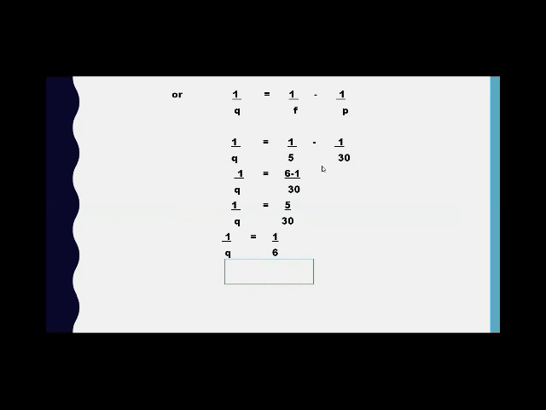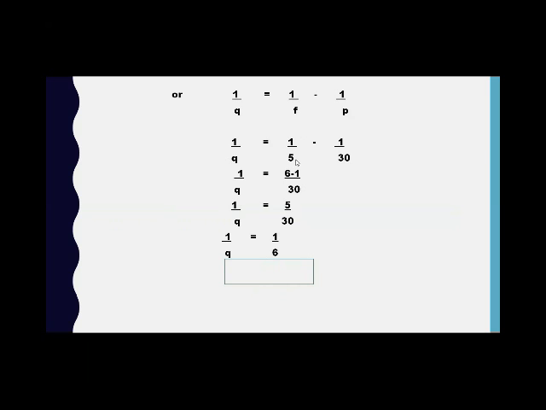To solve the fractions, we just have to find their LCM. So the LCM of 30 and 5 will be 30. And now, first we will find the value of the first fraction.